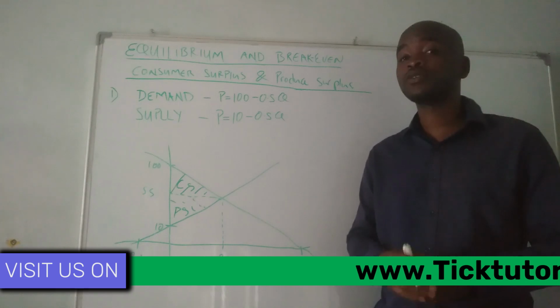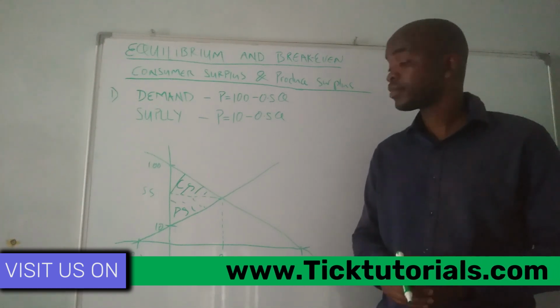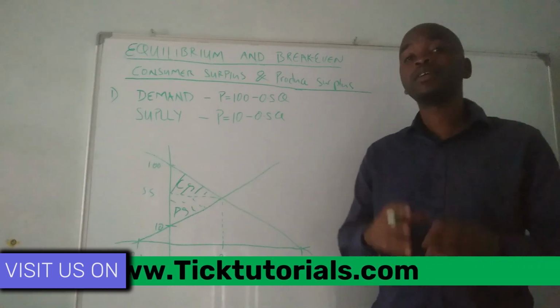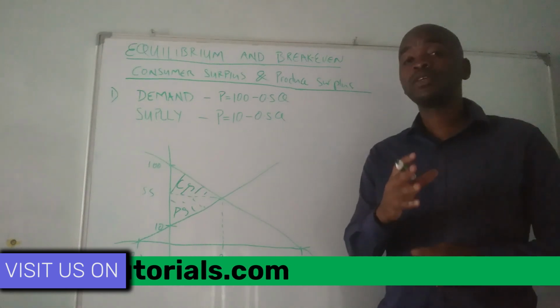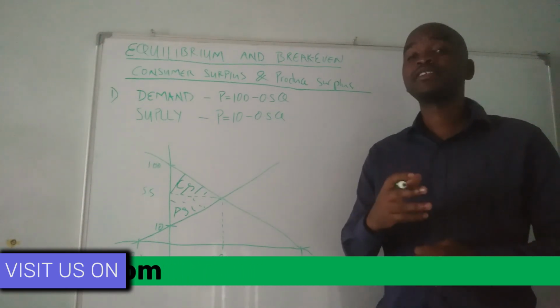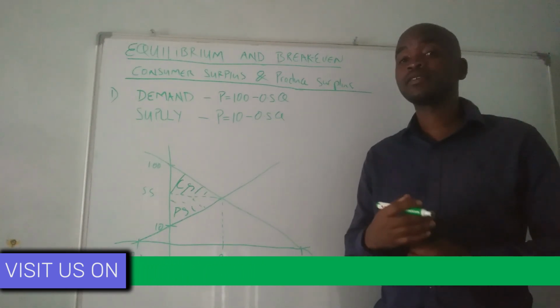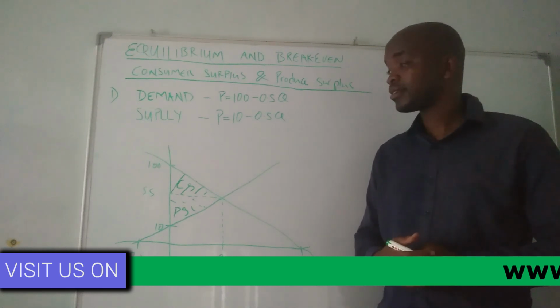First of all, you plot your demand and supply functions, and then you indicate clearly which triangles represent the consumer surplus and the producer surplus.